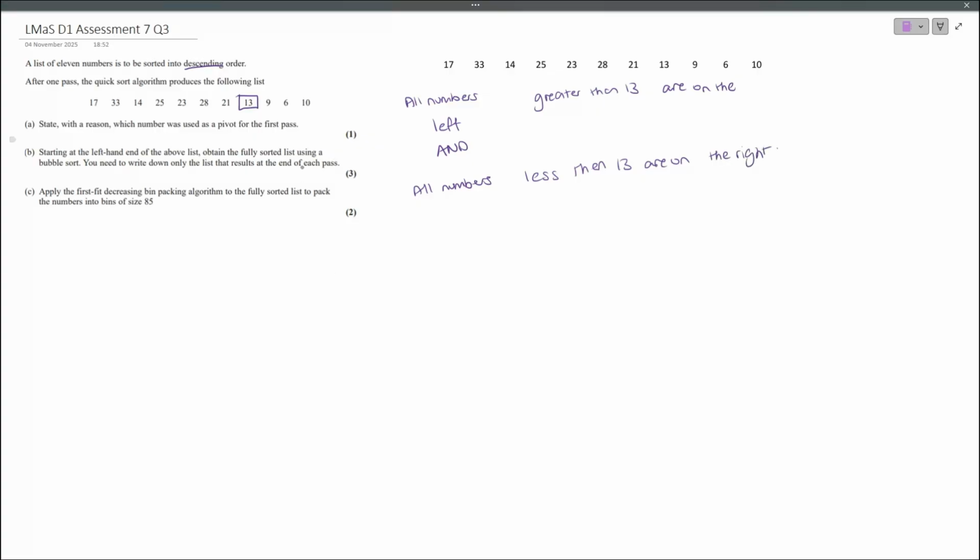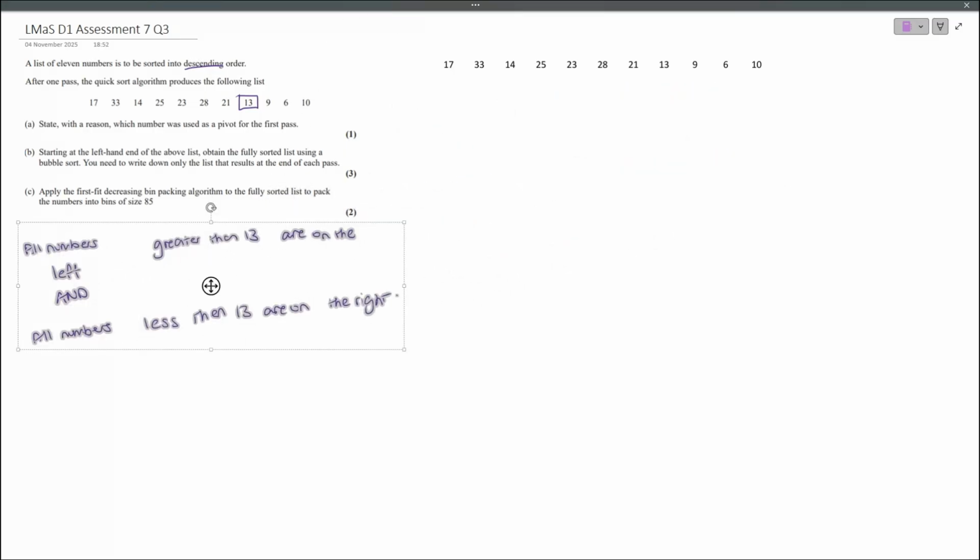And that explanation gets you an independent accuracy mark. So I'm just going to select that and move it off to one side. And this is going to be an independent accuracy mark, B1.